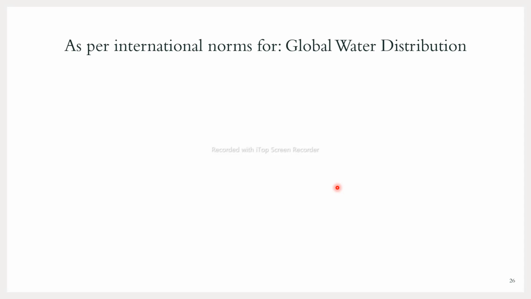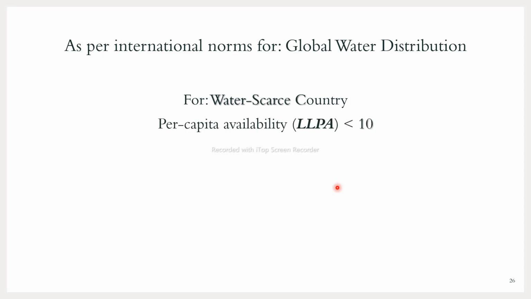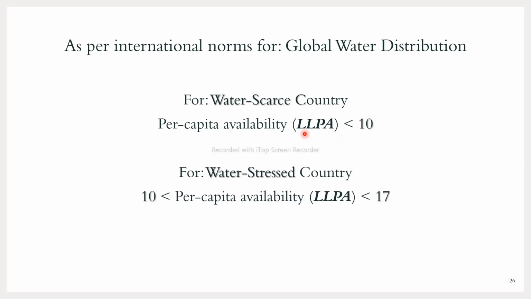As per international norms for global water distribution, for a water scarce country, the per capita availability will be less than 10 LLPA, that is lakhs of liters per annum. For a water stressed country, it will be in between 10 and 70 LLPA.